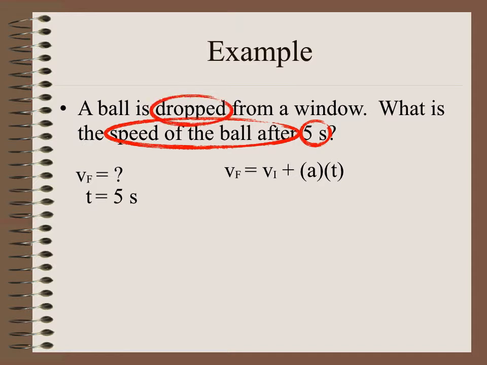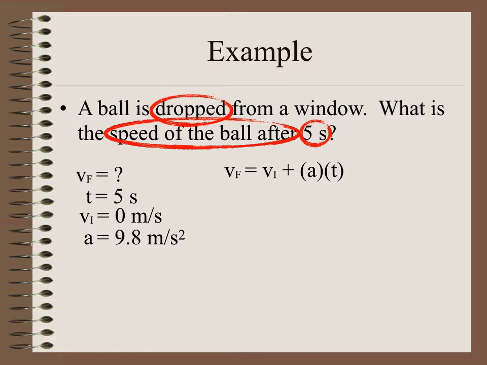Remember, dropped is telling us two things. It's telling us that the initial speed is 0 and that the acceleration is 9.8 meters per second per second. So notice that we're using the formula for a final velocity from our acceleration formulas. This is always going to be the equation that you're going to use for this course to solve a free fall problem.